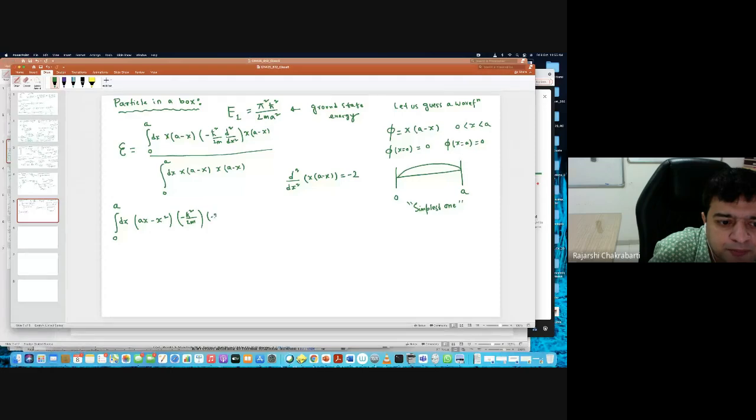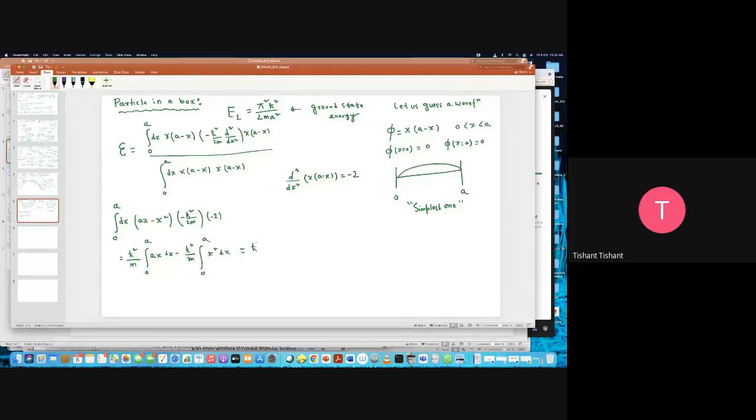So I can put it here, and if you take it outside, the first term is going to be the integral of ax dx minus the integral of x square dx.